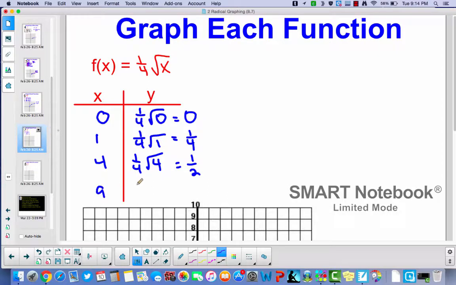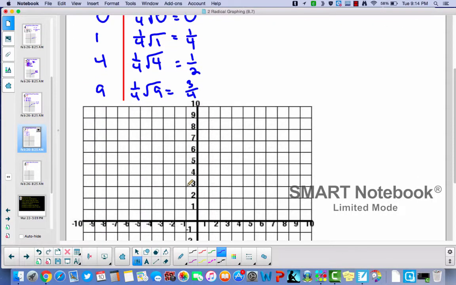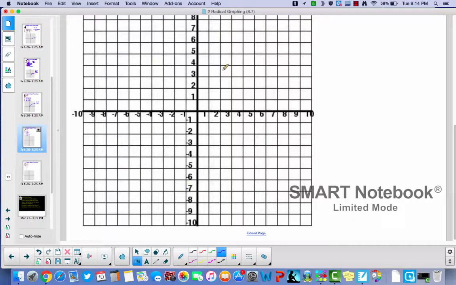Put a 9 in. 1/4 times the square root of 9 is 3 times 1/4, which is 3/4. So what do you notice is happening here? Right, we had 0, 0. We had 1, 1/4. We had 4, 1/2.